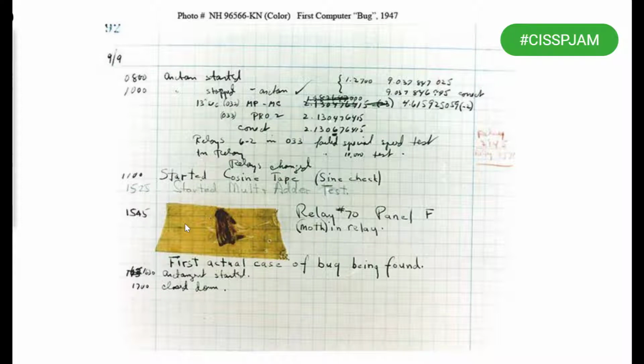According to Harvard, in 1945, the engineers found this moth. If you see, there's a little bitty moth stuck onto the actual paper, and that was the bug. And they actually had to debug that machine.